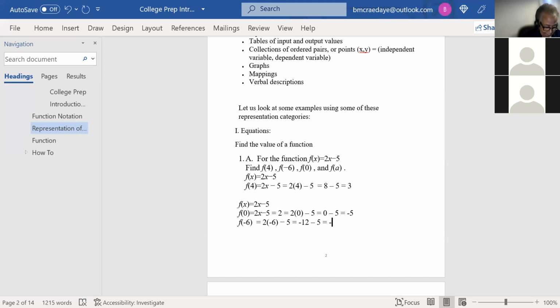Minus 17. Whenever you have the same signs and you're adding, you add them, whether they're negative or plus. You only subtract when your signs are different. So you got negative, negative. You just got more negative.